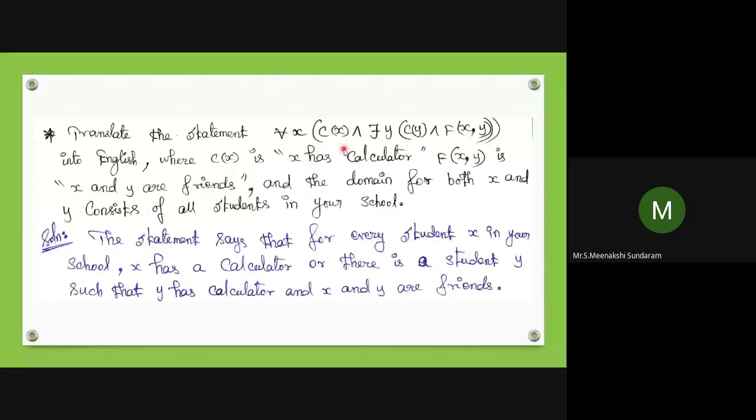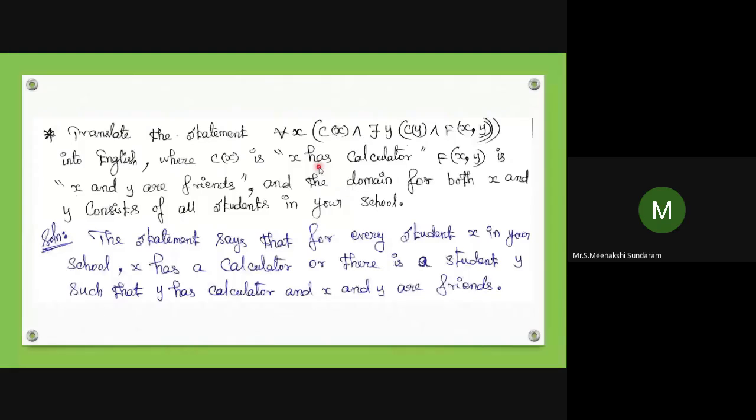Or there is a student y such that y has a calculator. I think the symbol is a disjunction, so I can write or: there is a student y such that y has a calculator and x and y are friends. Y has a calculator and x and y are friends. I think this is the disjunction one. This place is a disjunction.